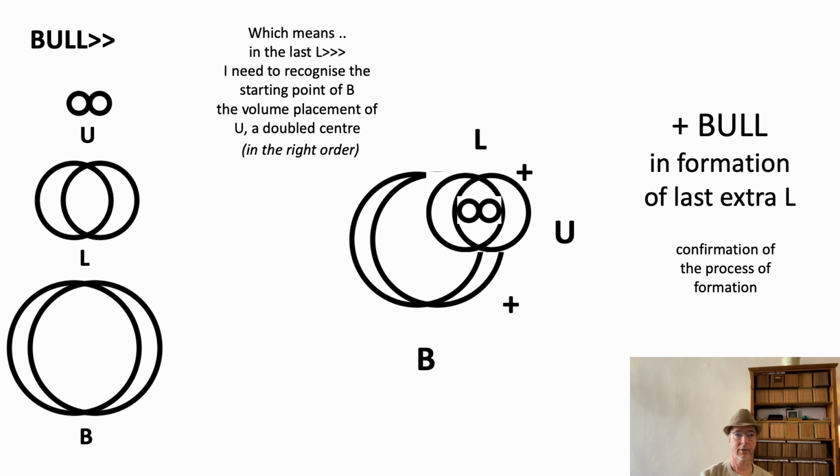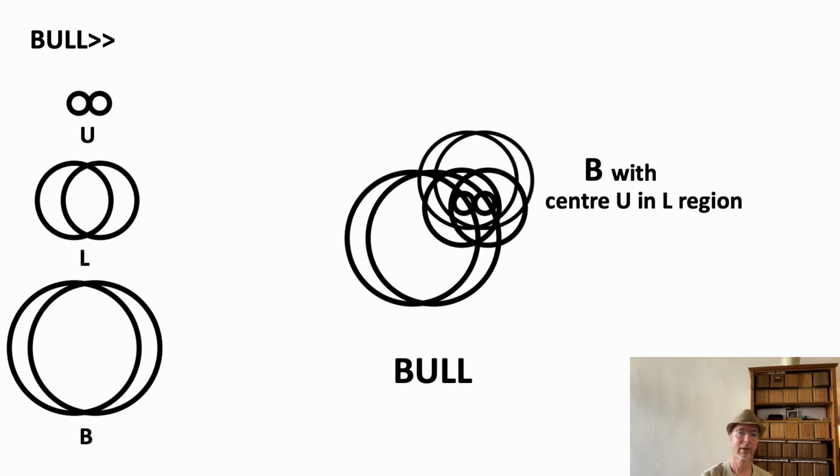The B has to be recognized. The volume placement of the U has to be with a doubled center. In the right order, you have to express it. And this is it. So the B is with the center U in the L region.